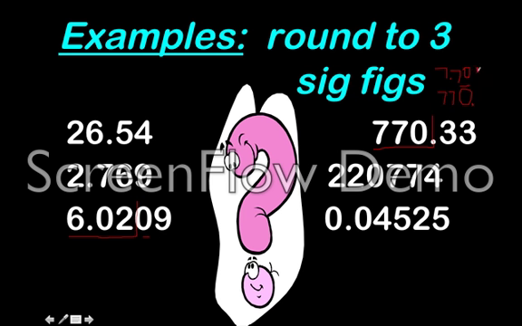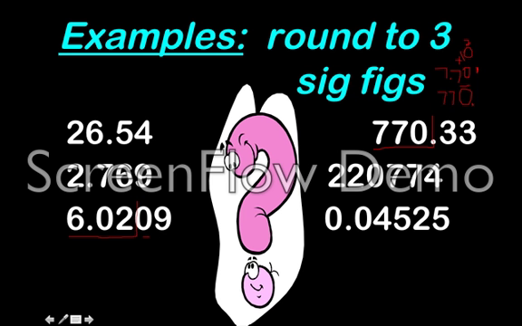It would be times 10 to the what? Well, I moved my decimal over 2 places, so times 10 squared. So 7.70 times 10 to the second. And all 3 of those ways are ways to make that number into 3 significant digits.